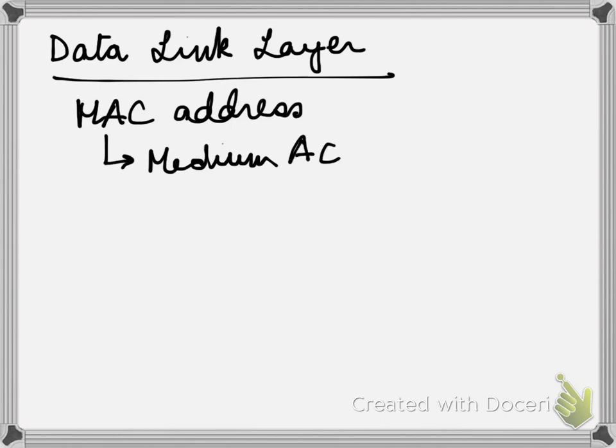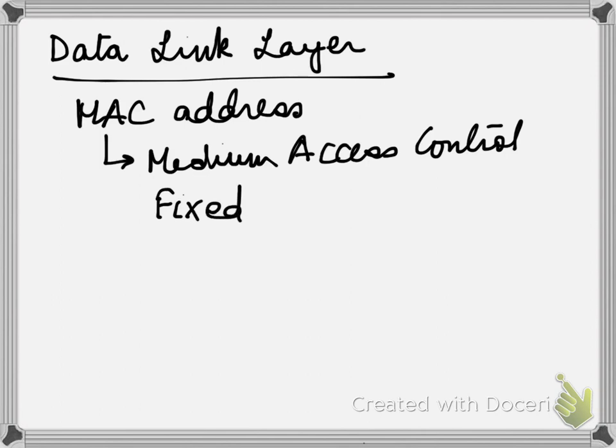Here every machine or device in a LAN will have its own MAC address, and this MAC address is fixed. It cannot be changed. In fact, it is given by the manufacturer of the device.